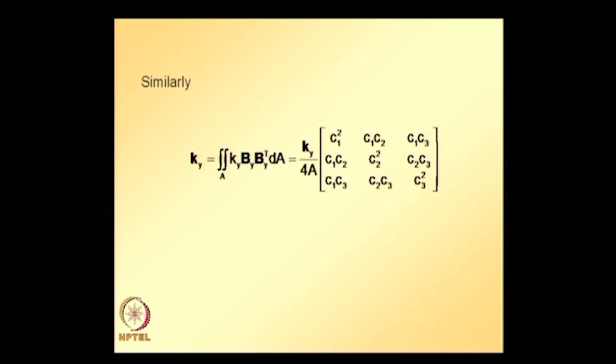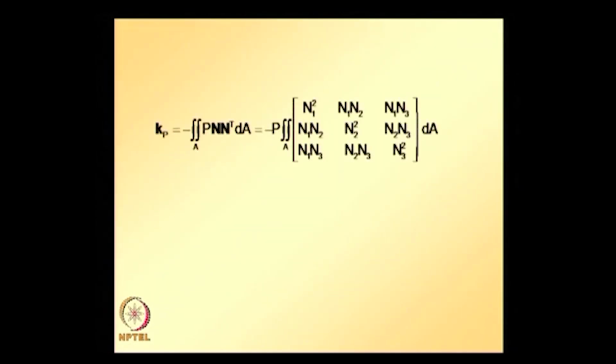So now let us look at the other term, kp. Kp is defined like this: assuming p to be constant, we can take p out of the integral, and multiplying n, which is a vector consisting of shape functions n1, n2, n3, with n transpose, this can be further simplified in the manner shown in the slide.